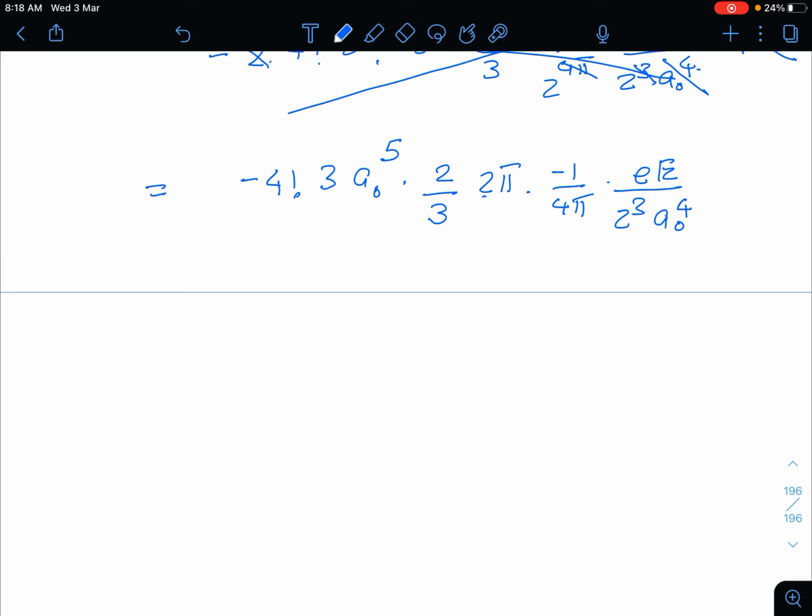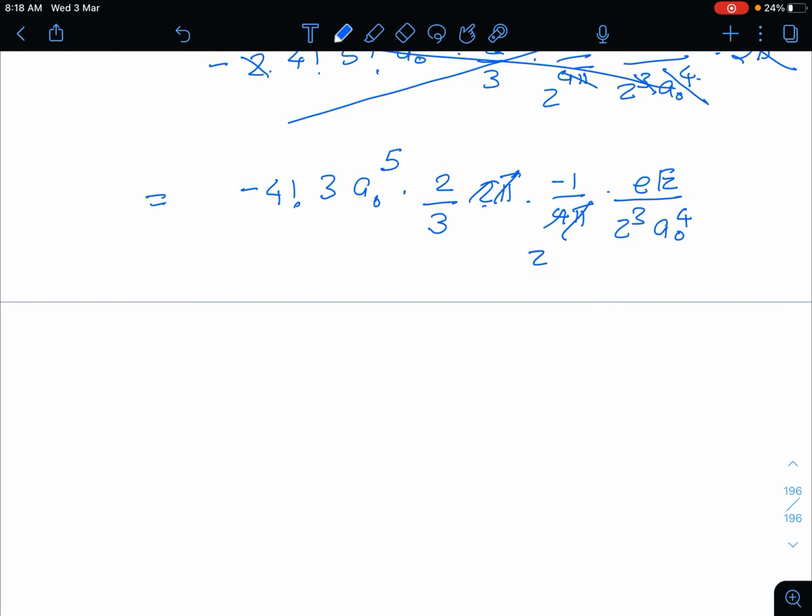So pi and pi get cancelled. So 2 raised to 4 becomes, here we have 3 and 3 getting cancelled again. What remains? 2 and 2 get cancelled, 2 cube a0 minus 4 factorial.